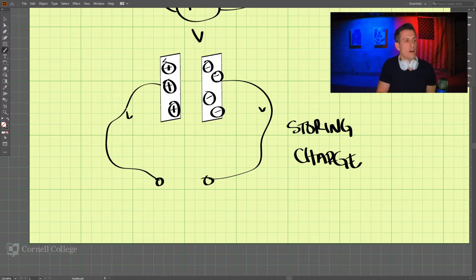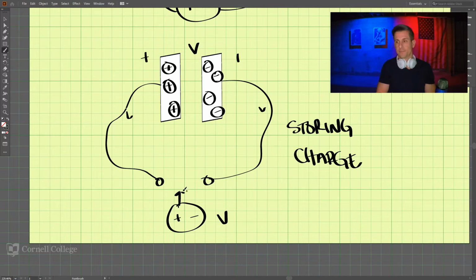And the voltage across the plates is equal to the voltage that we placed in between here. So this voltage is equal to this voltage after a specific amount of time.